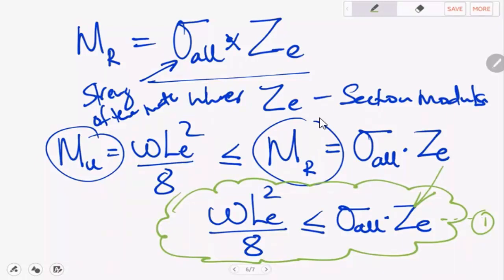Alright, so information about the allowable yield stress of the material, that information will be given. You'll be told what type of material is being used and all that. So because of that information, you should be able to then determine the maximum load which is there.